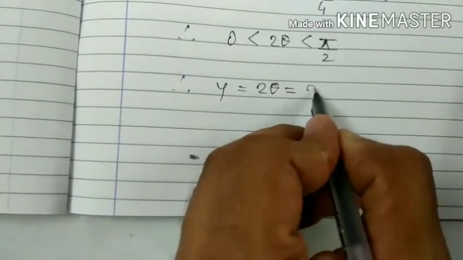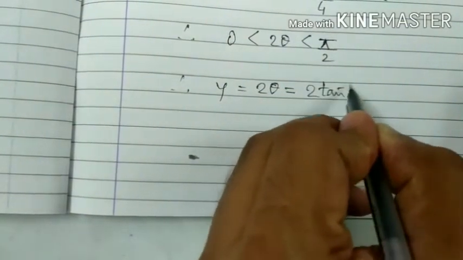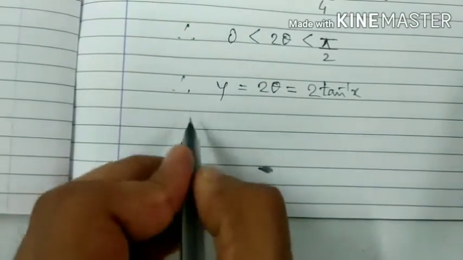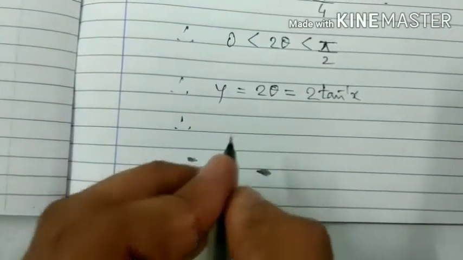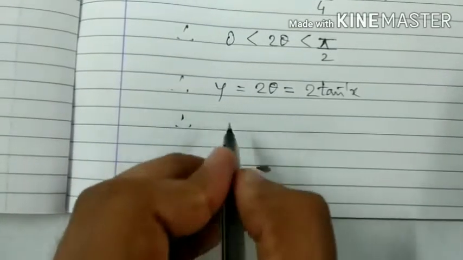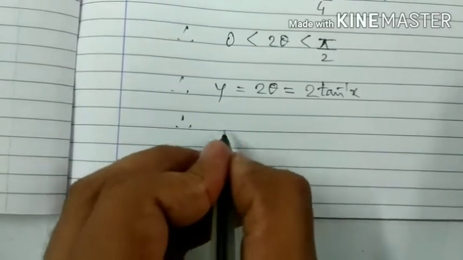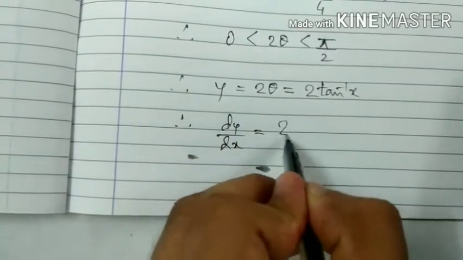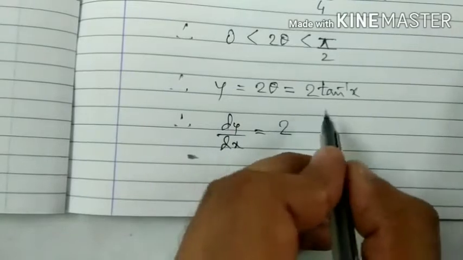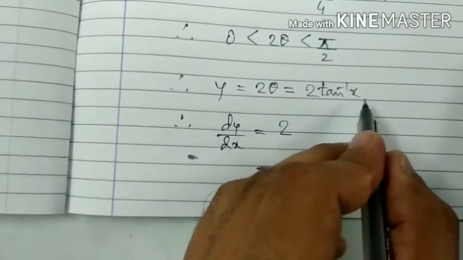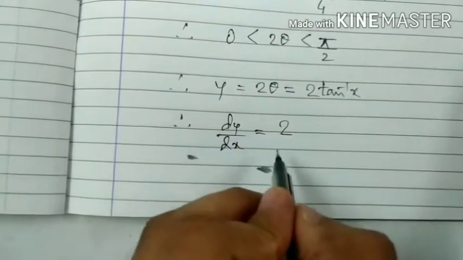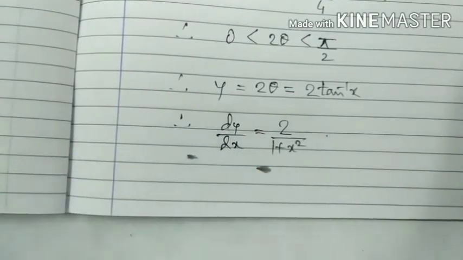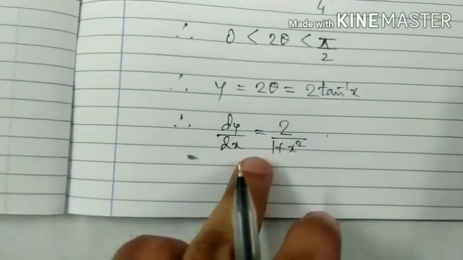So here 2 tan inverse x. Now our function is y equals 2 tan inverse x. This is the simplified form. Now we can take the derivative. So dy by dx: the coefficient remains the same, and the derivative of tan inverse x is 1 upon 1 plus x square. So 2 upon 1 plus x square. This is our final answer, the required derivative.